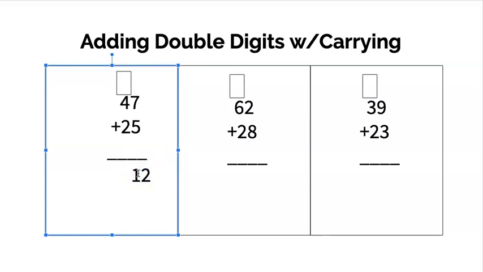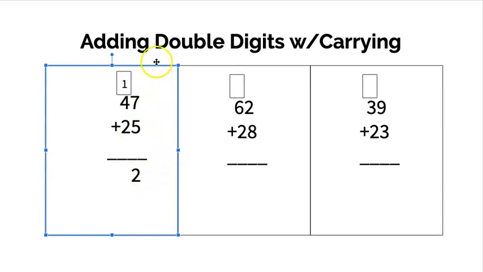But we have to do something with this 1. So let's put a 2 down here, and we're going to carry that 1 that's in the tens place up here. So here's your 1 from the 12. Your 2 was in the ones column, so we keep it in the ones.